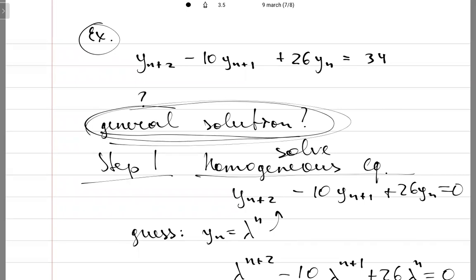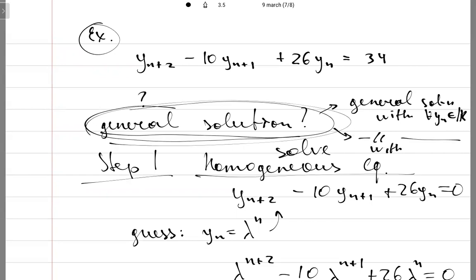It has two meanings. One is general solution with every yn in real numbers, and the other possible meaning is general solution with every yn a complex number.